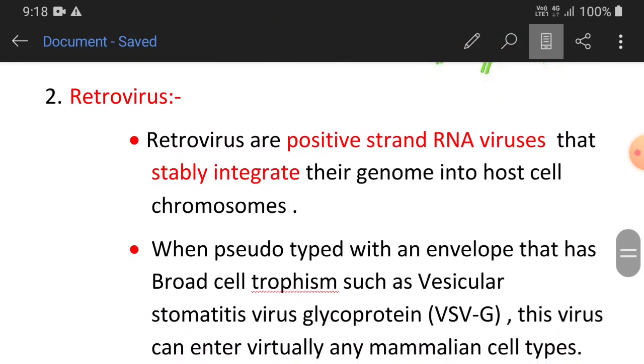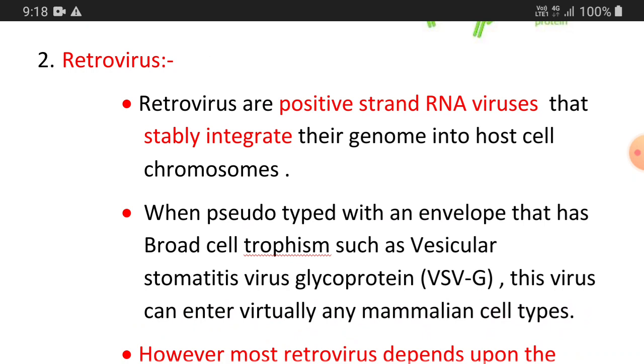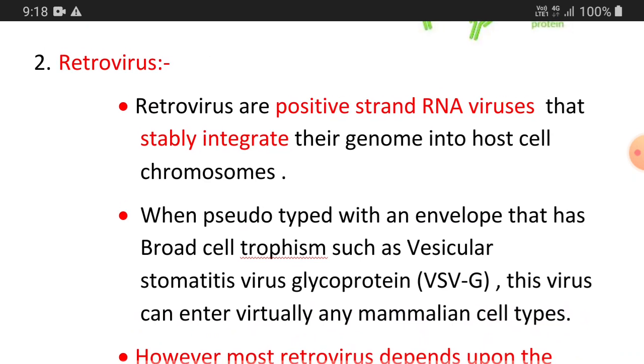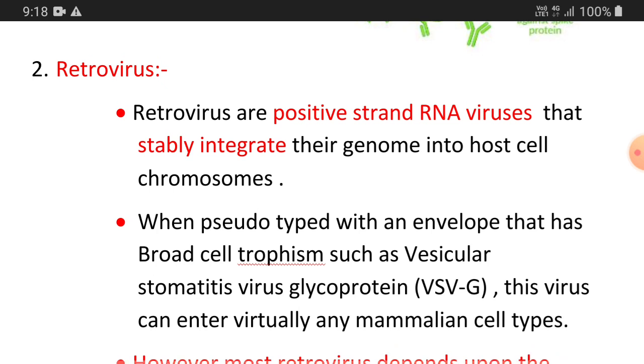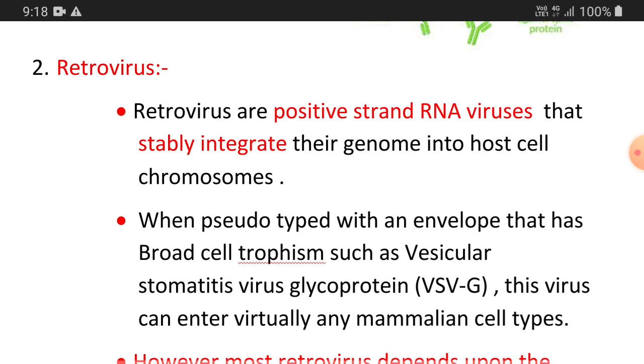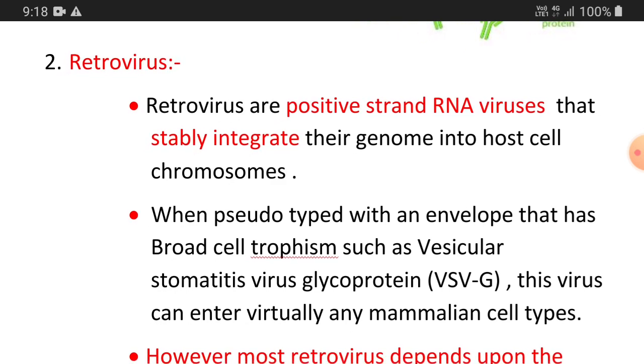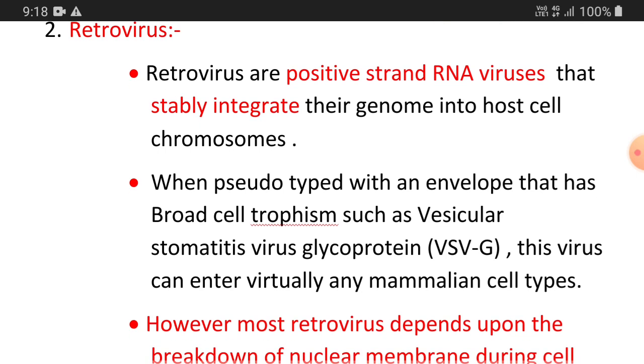Let's recapitulate one more time. Retrovirus is a positive strand RNA virus that can integrate its genome into the host chromosome, which means it provides stable expression. Retrovirus can only transfect a specific type of cell. If we want to make it broad, we pseudotype it with an envelope called vesicular stomatitis viral glycoprotein, so that it can transfect any mammalian cell type.